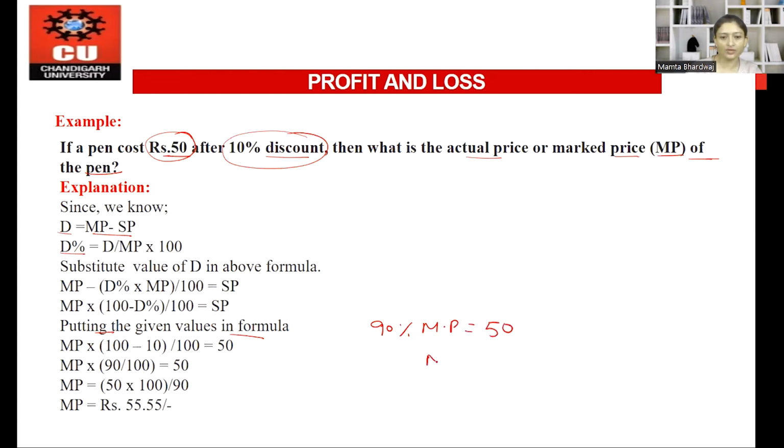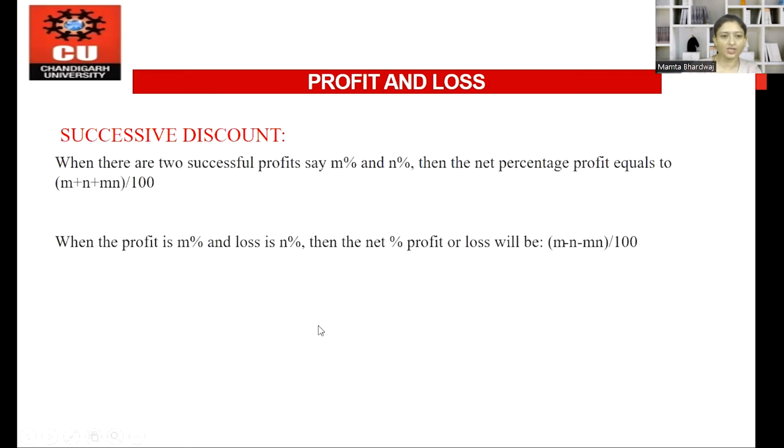We need to find the marked price. So it will be equal to 50 into 100 upon 90, which gives us 55.55. So it comes out to be the marked price, and discount is always given on the marked price.